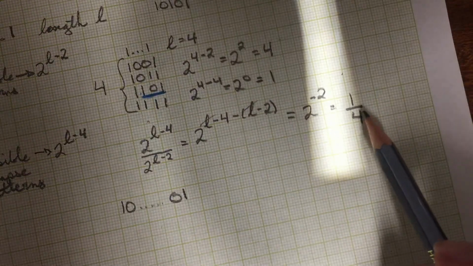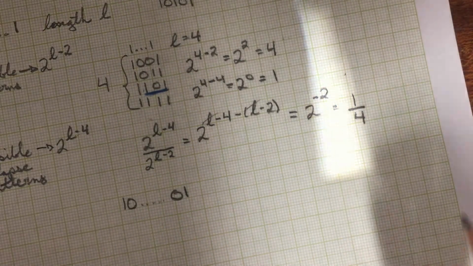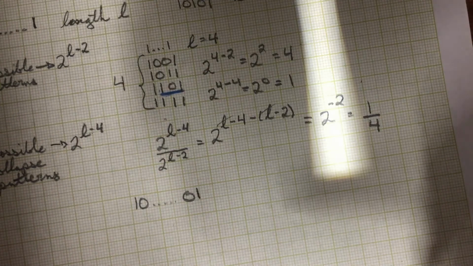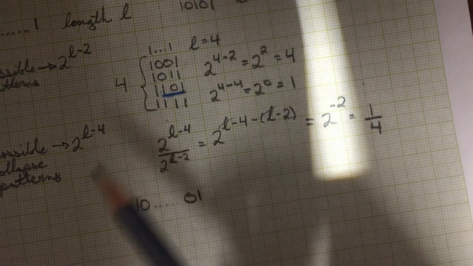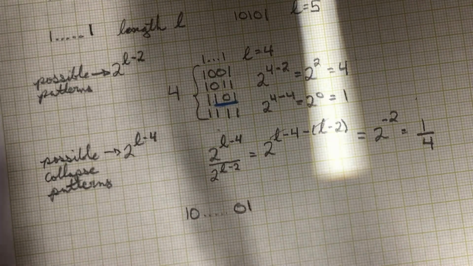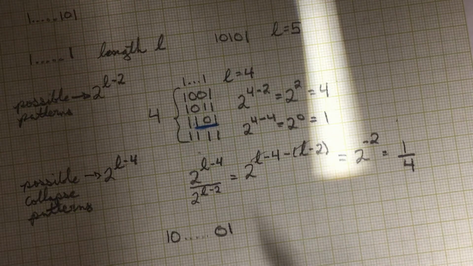So it's actually greater than 1/4 of the total number of patterns. And I think in the next video, just to give you an idea, I'll run through an example where we fix our length at, say, 6 or 7 binary digits, and we work through all of the possibilities so we can see how this works.